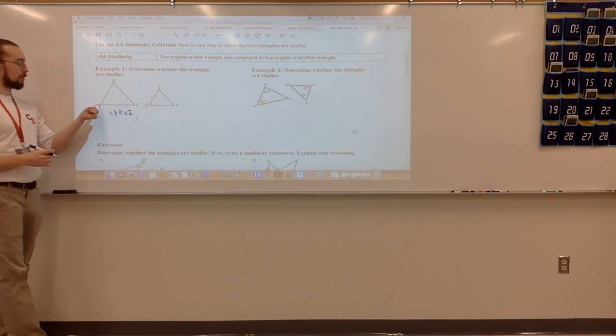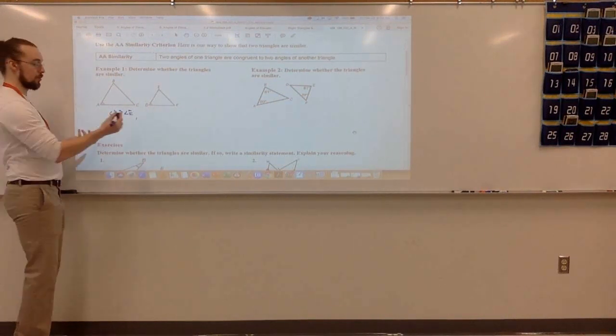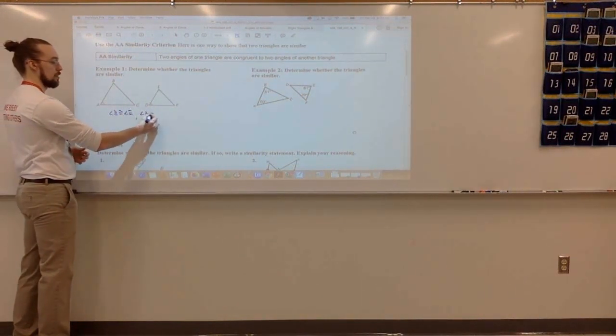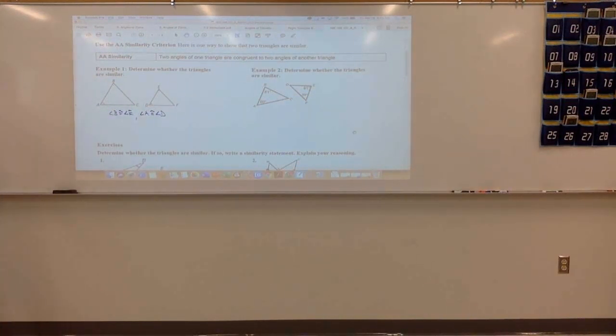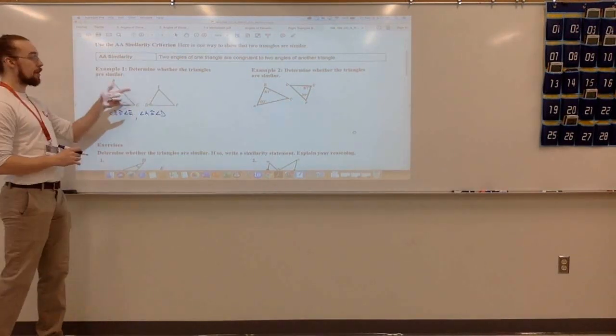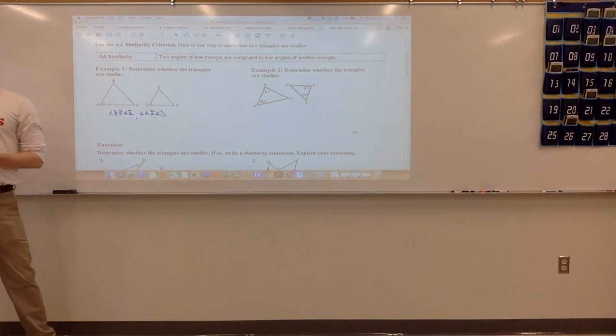I'm also told angles A and D are congruent. Just from that, that's enough to claim that these triangles are similar. All I have to show is that 2 pairs of angles are congruent.